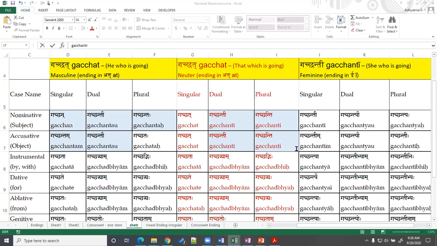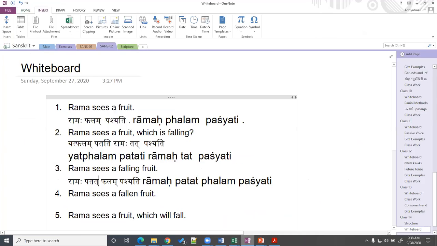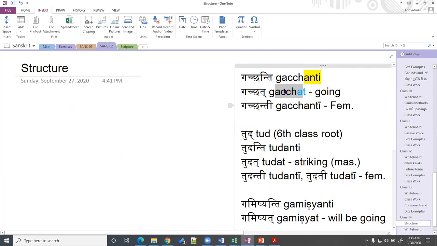So there is a question here: why did you use the plural gachanti instead of gachati? That is for making the stem. I could have said gachati and changed the ati by at. Then also we could have made gachat. Remember, this is just a shortcut way of making it.